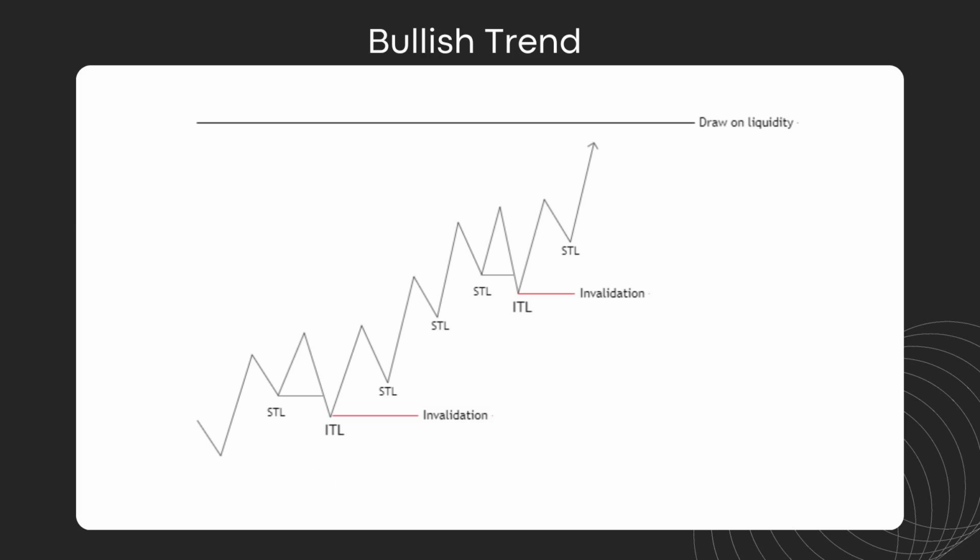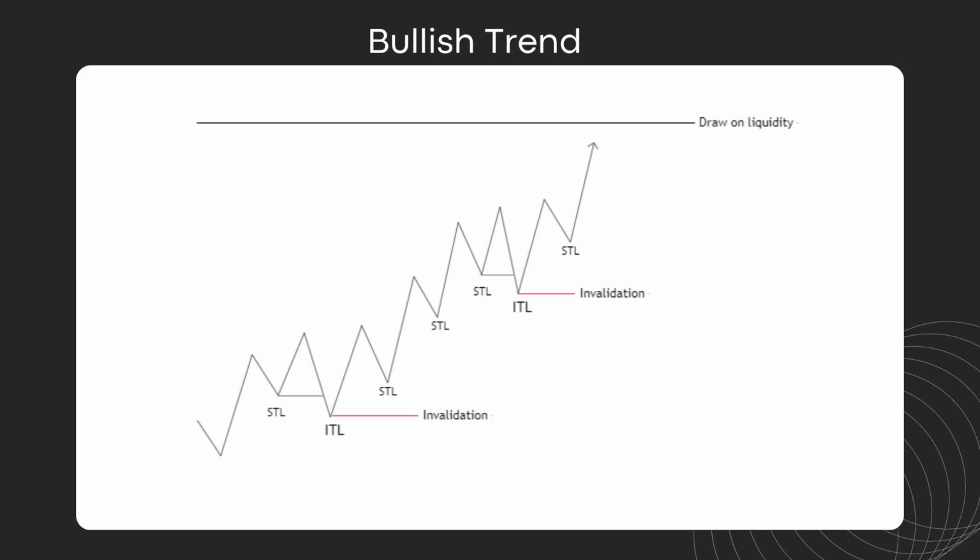Now the unique and important thing about this intermediate term low is that this low is what we also call a protected low. You may have heard me or Romeo talk about protected lows and highs, right? And you might have second guessed yourself, wondering what we are actually talking about. If you didn't know the answer, then this right here is exactly the answer to that and how we classify protected highs and lows, right?